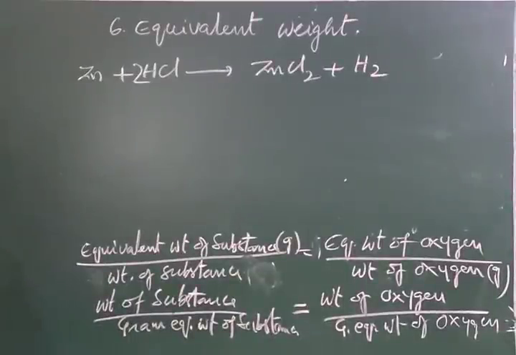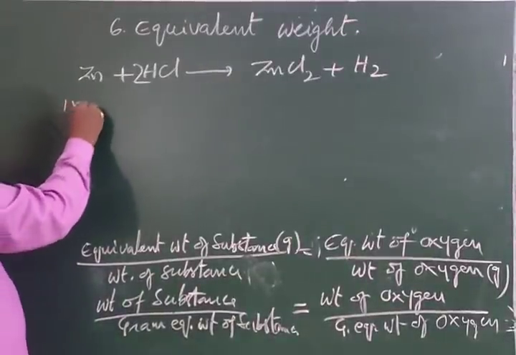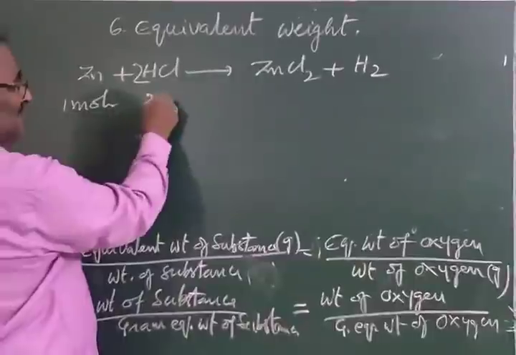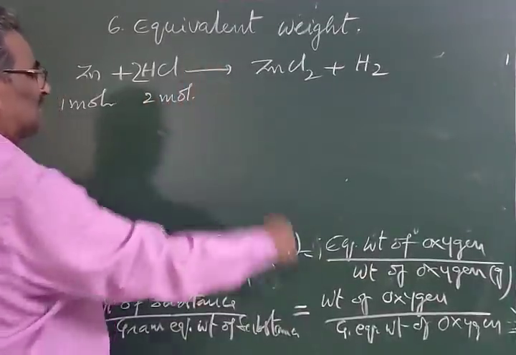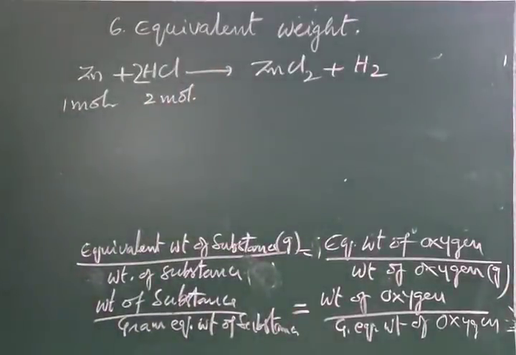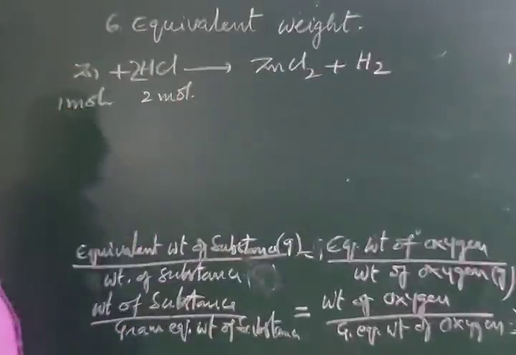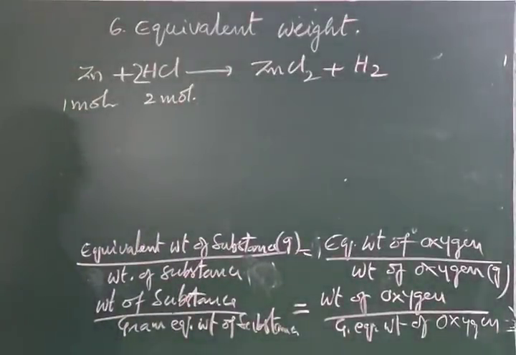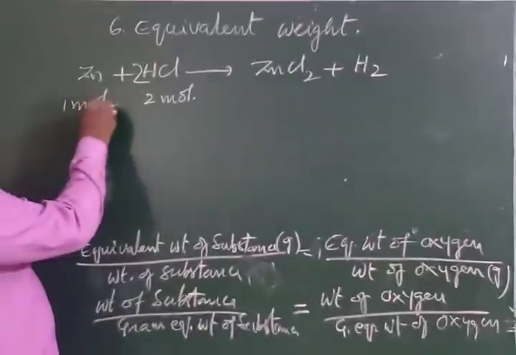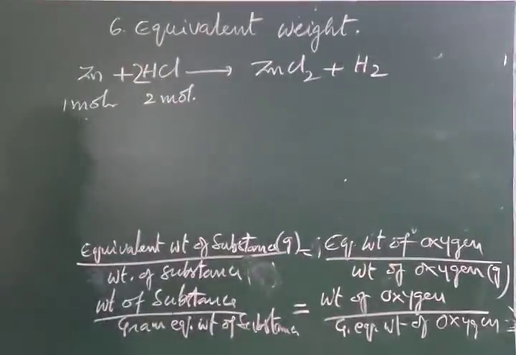From this balanced equation we know that 1 mole of zinc reacts with 2 moles of HCl. What is the ratio in which zinc and HCl are reacting? It is a 1:2 ratio of the moles.